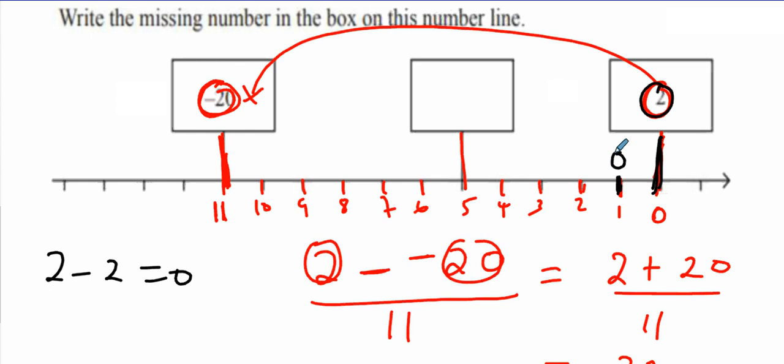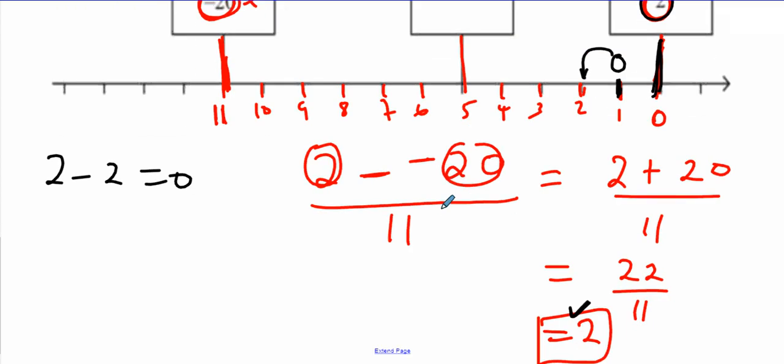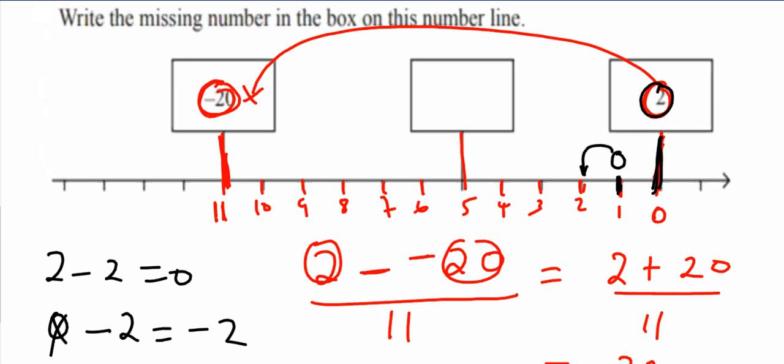Now to get the number over here, you do 0 minus 2. This will be negative 2. So over here you write negative 2.